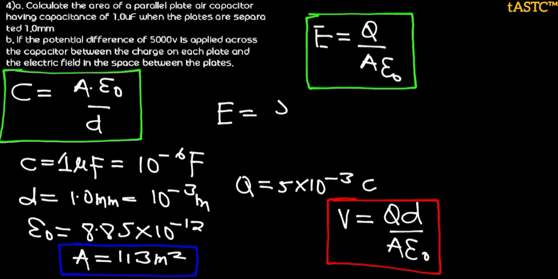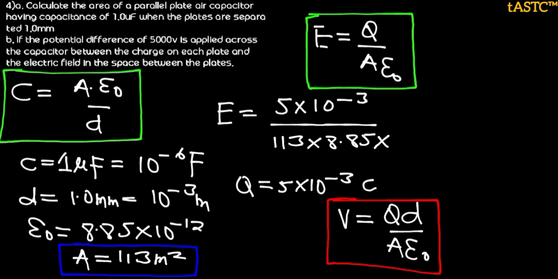Now Q in this case is 5 multiplied by 10 raised to the power of negative 3. This is divided by A. Now A in this case is given as approximately 113. Now E naught is 8.85 multiplied by 10 to the negative 12.